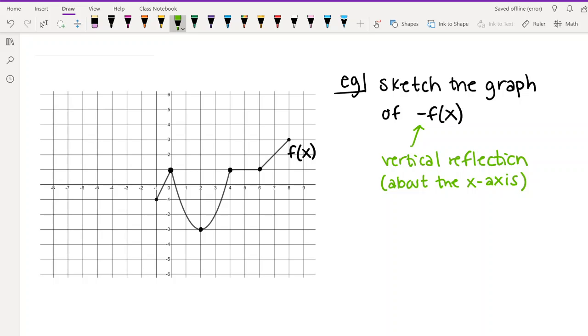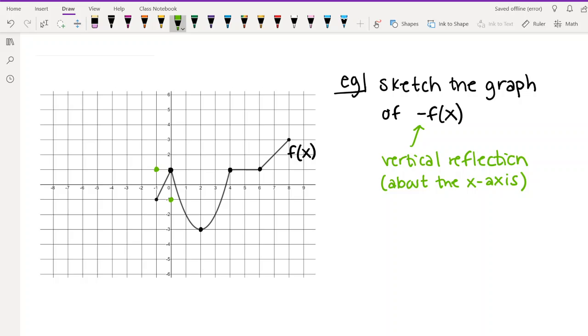So for example, this first point all the way to the left has coordinates -1, -1. So if we keep the x coordinate the same and change the y coordinate, that should now be -1, +1. Okay, our next point is 0, 1, and so that should become 0, -1. Our next point is 2, -3.